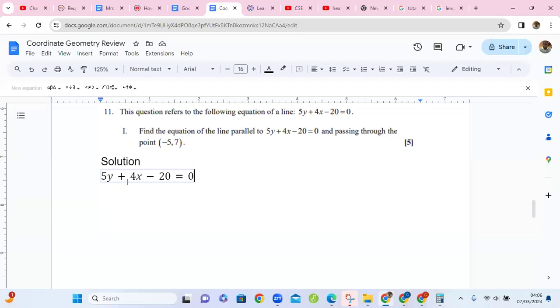So we're going to cancel out 4x and -20 from the left side. We are going to do this by subtracting 4x on both sides of the equation and adding 20. Because it's a plus 20 that will cancel out a -20, and it's a -4x that will cancel out a plus 4x.